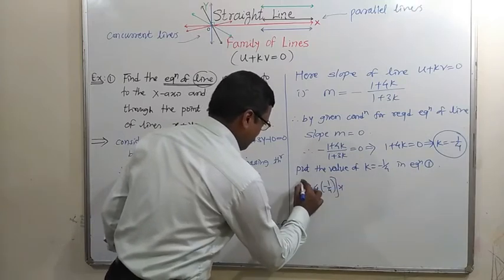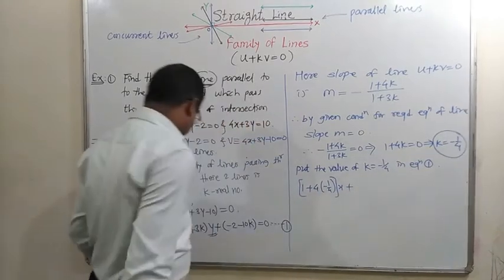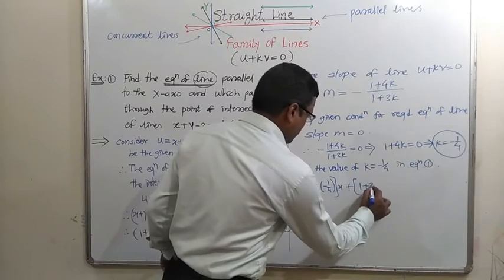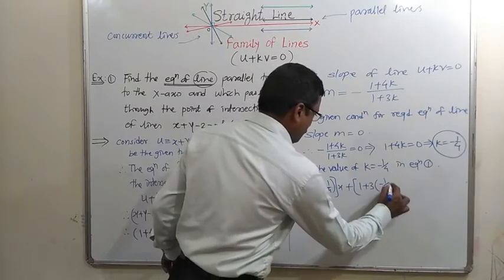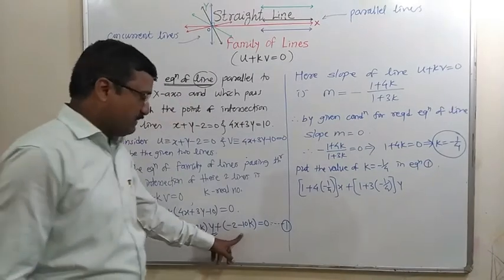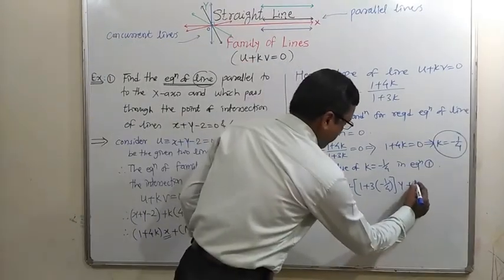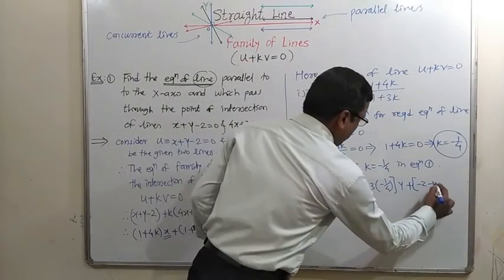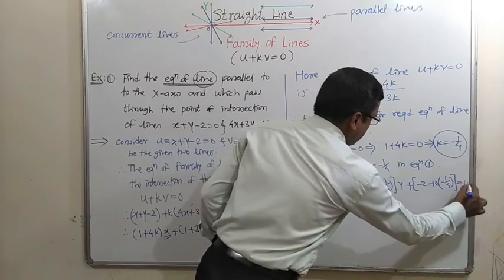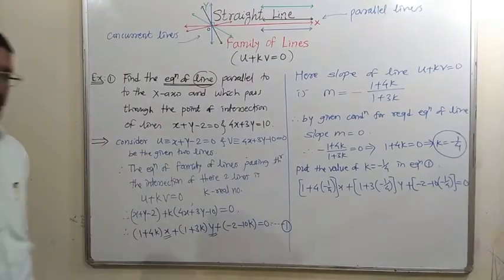x, plus 1 plus 3k, k is minus 1/4, y, plus minus 2 minus 10k, is equal to 0. Is it okay?